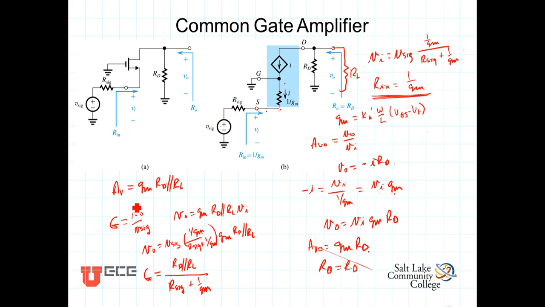We found that the closed circuit gain just brought R_L in parallel with R_D, so we ended up with the closed circuit gain being g_m times R_D in parallel with R_L. And then we found that the overall gain, G, was given by this formula here.